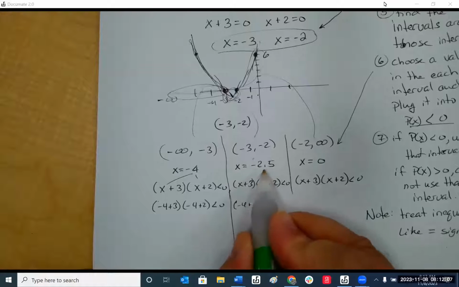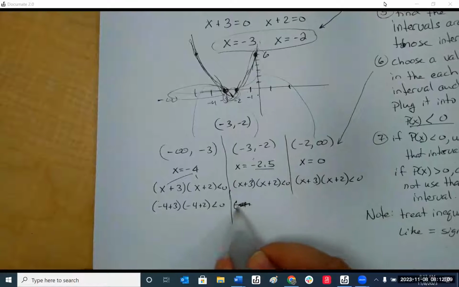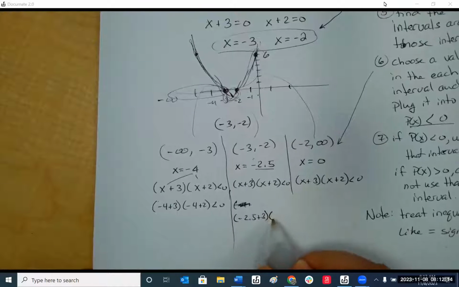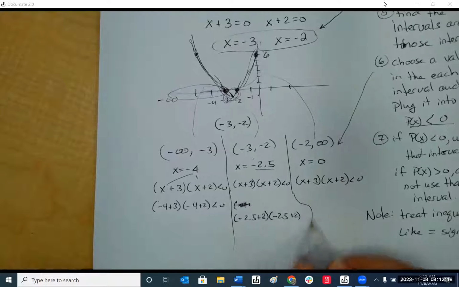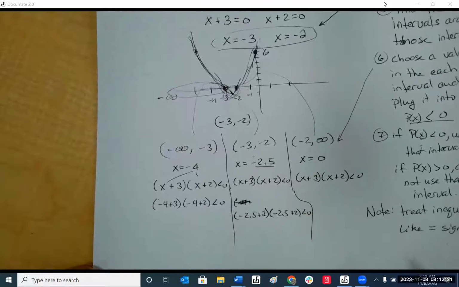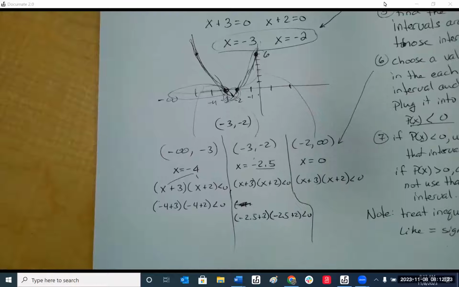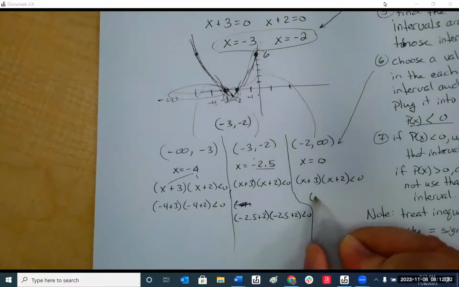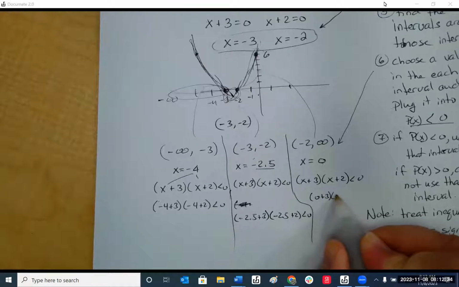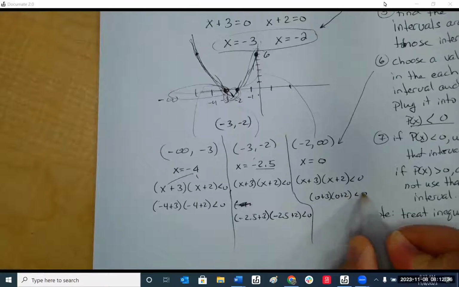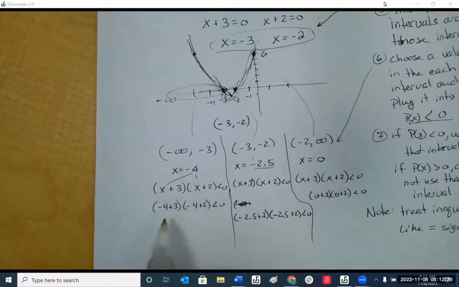Then -2.5 plus 3, -2.5 plus 2. Is that less than 0? And then here we put 0: 0 plus 3, 0 plus 2. Is that less than 0? So let's work it out.